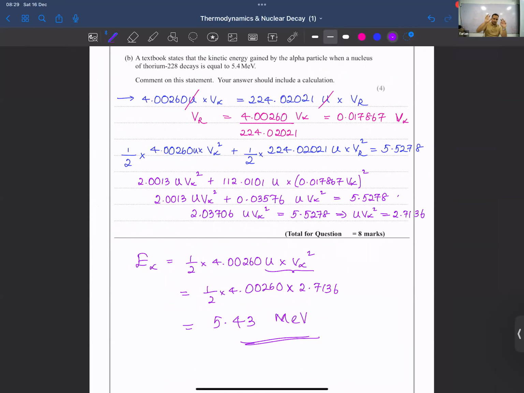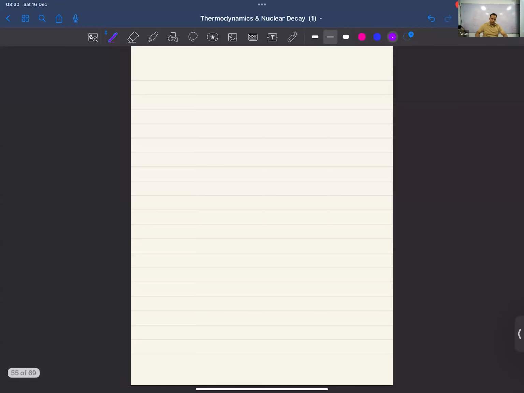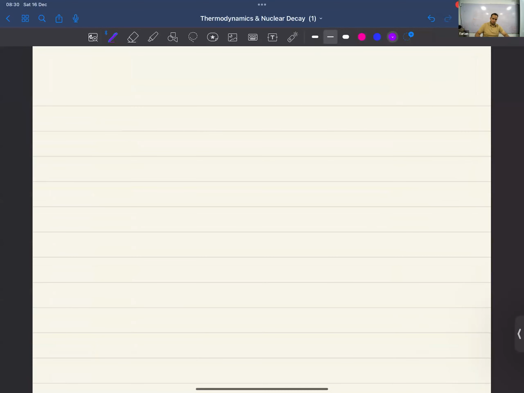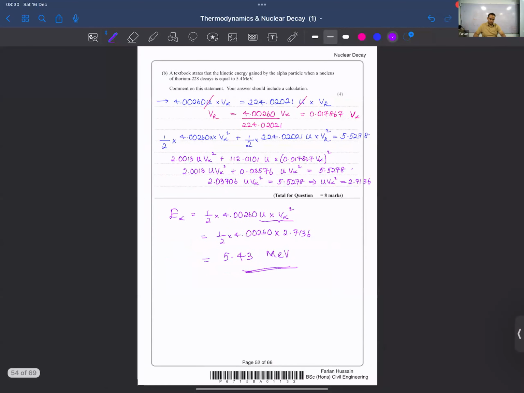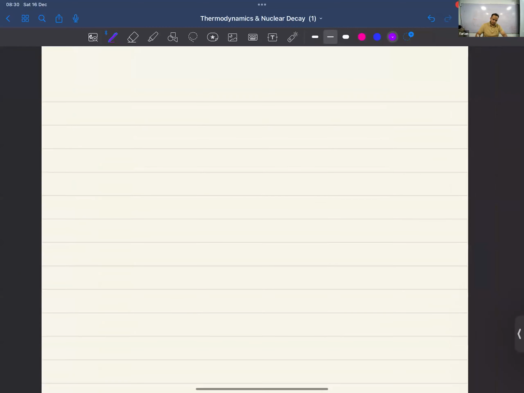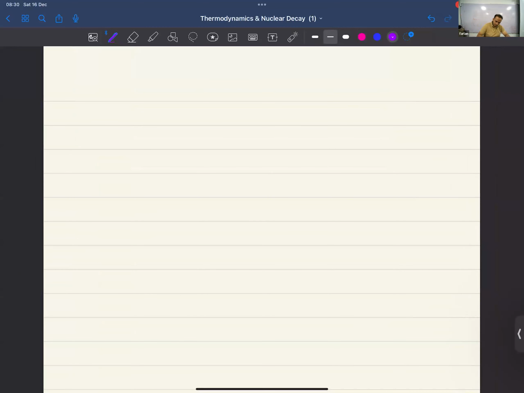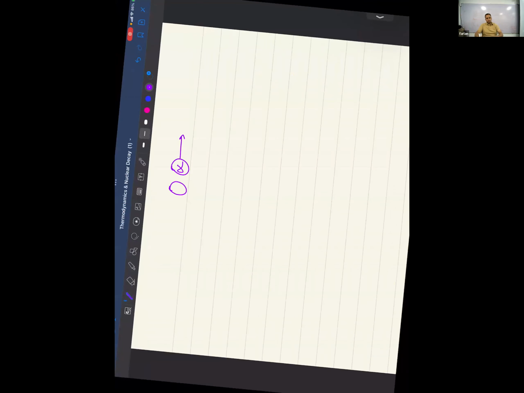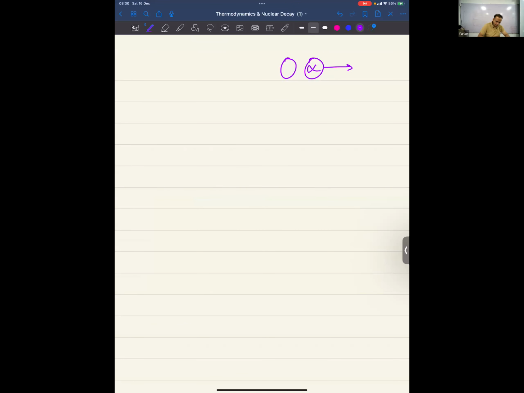Another method we can do is now the alpha particle is emitted this way. The radium nucleus is recoiled.